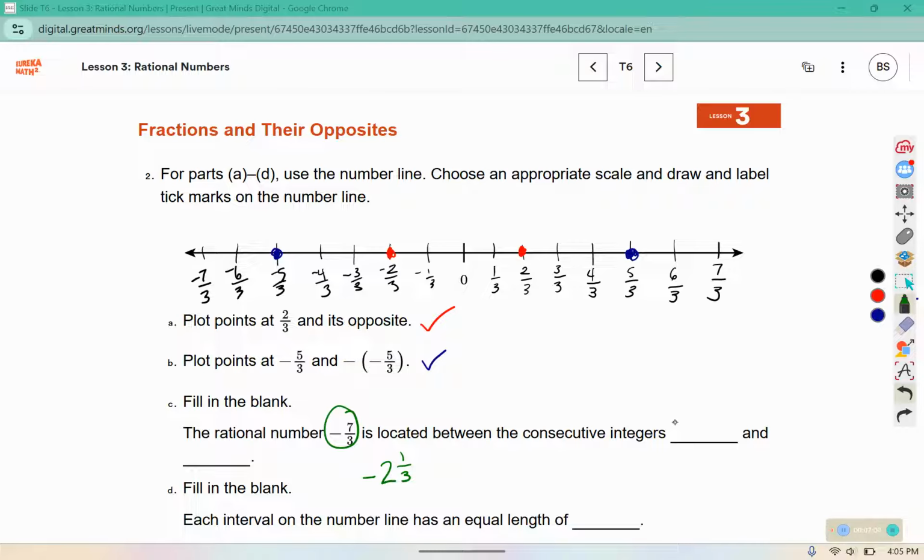So that is between negative 2 and negative 3. 6/3 is the same as negative 2. 3/3 is the same as 1. So it is between negative 2 and negative 3. Each interval on the number line has an equal length of 1/3. We space them all out by 1/3.